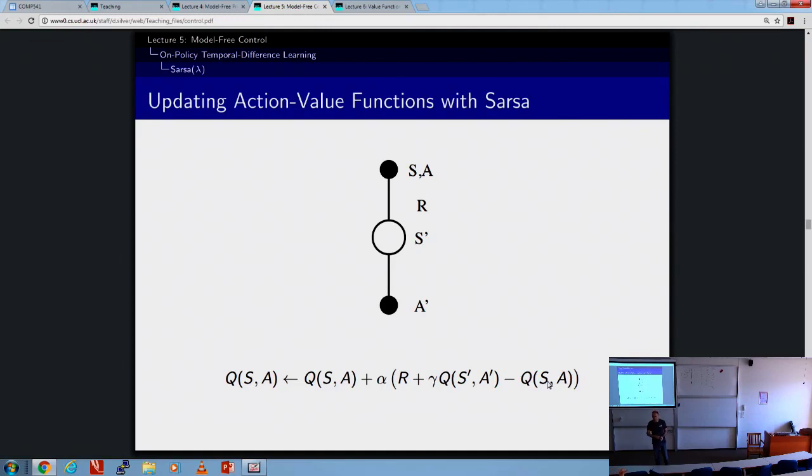Q(S,A) becomes 1 minus alpha times the previous value plus alpha times the next value, so it becomes something like a low-pass filter. We can think of alpha as a learning rate and the other term as an error.